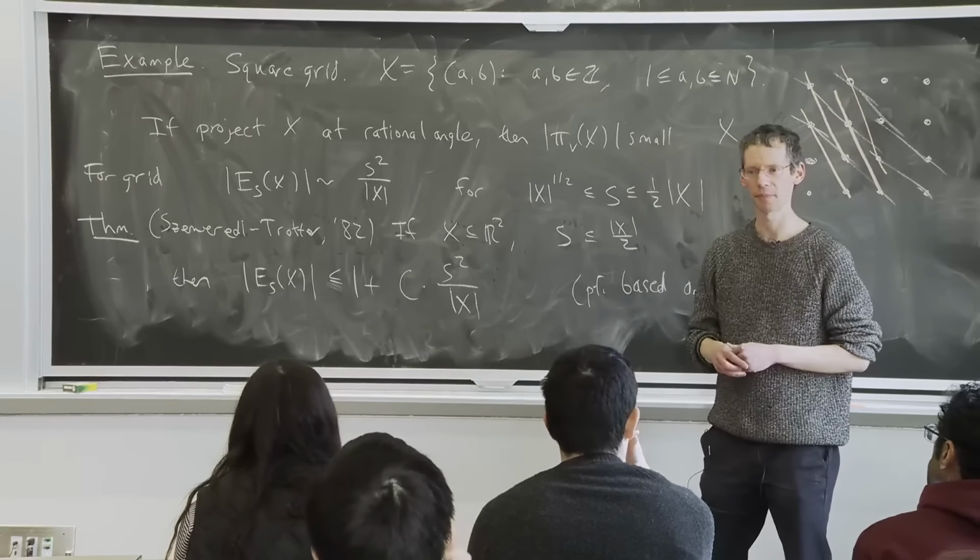Would you mind saying a bit more about the connection? In the discrete setting, we had a theorem that says for most directions of projection, the images of the points are different from each other.